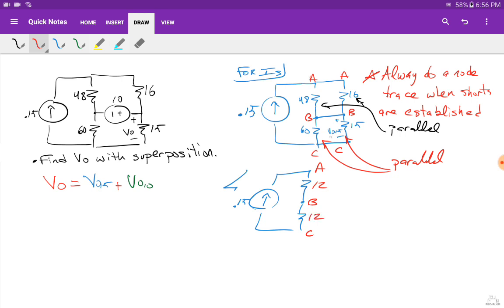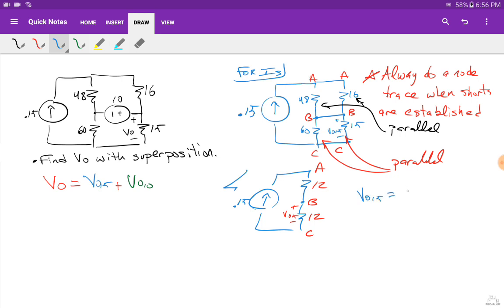Now mind you, I could actually combine these two because ultimately VO15 is not affected by a parallel connection, because they have the same voltage. So with that being said, I can find VO15 with some regular old Ohm's law.